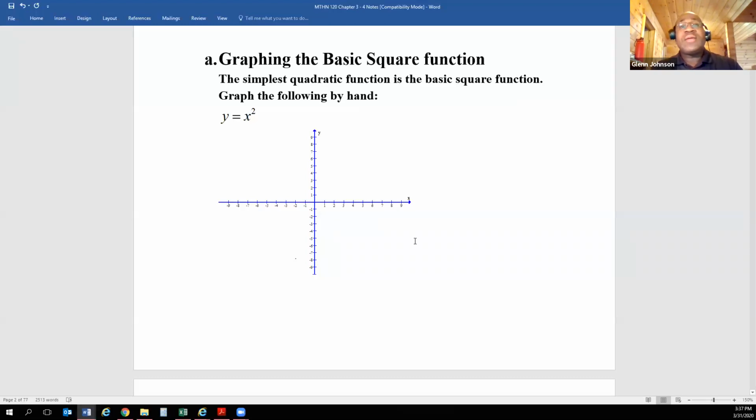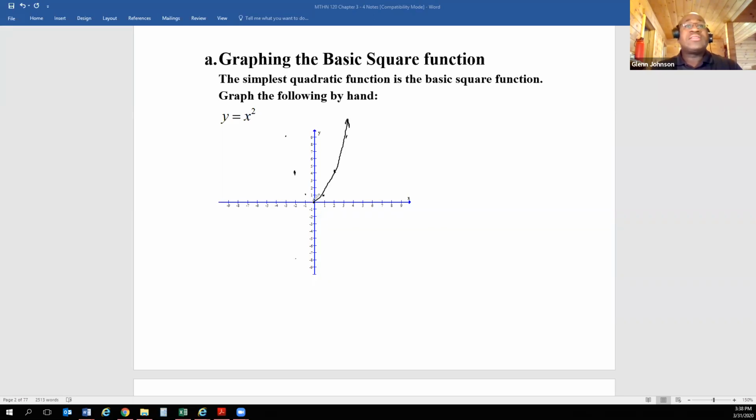Now, this type of function you should already be familiar with. The basic squaring function, if we look at some of the points here, we know that (0, 0) is a point, (1, 1), (2, 4), (3, 9), then (-1, 1), (-2, 4), (-3, 9).